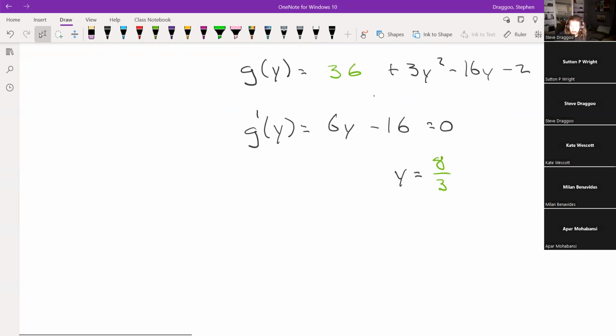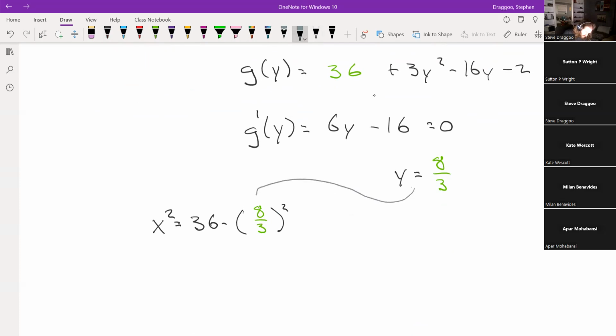So I then want to take that solution and plug it back into what I know for x. x squared is 36 minus y squared, so 36 minus (8/3) squared. Just going to grab that and plug it in right there.